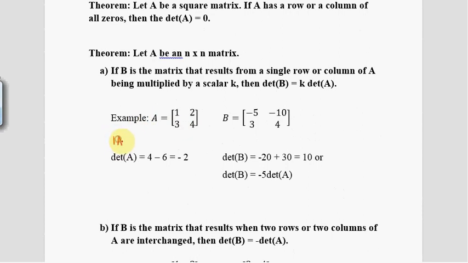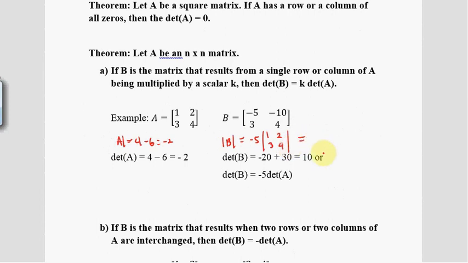This determinant of A here would be 4 minus 6. We get negative 2. Look at the determinant of B. Since I know that there's a common factor of a negative 5, I'm going to say negative 5 times 1, 2, 3, and 4.